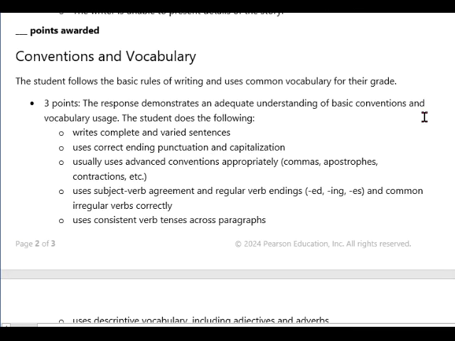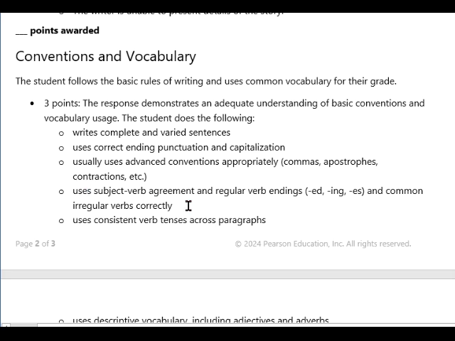All right, and then for conventions and vocabulary, you just want to make sure that you're doing everything correctly, that you write complete and varied sentences. They don't all sound the same. That you have uppercase letters or capitalization and also ending punctuation. So those are your periods, your question marks, your exclamation points. Make sure that you use commas, apostrophes, and contractions correctly if you have any of those.